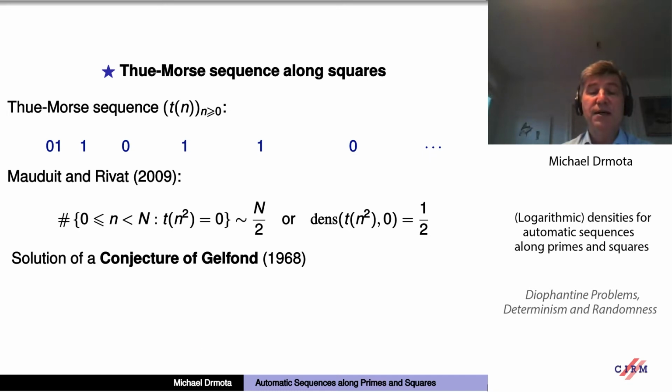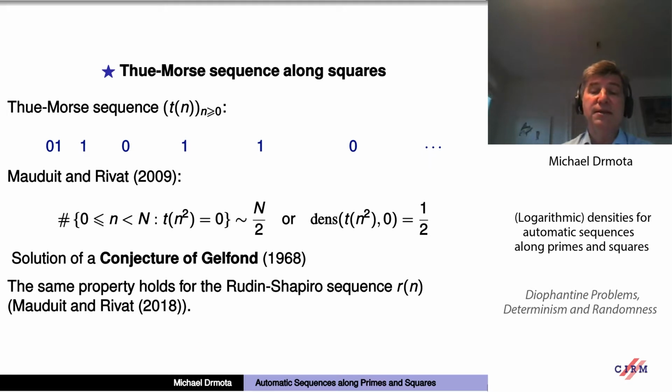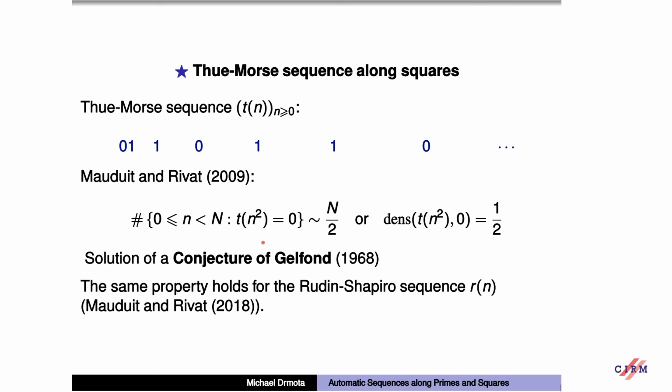Of course, you can ask whether this is also true for other polynomial sequences, for example, for cubes. This was also conjectured by Gelfond, but nothing is known about the cubes. So this is a widely open question.